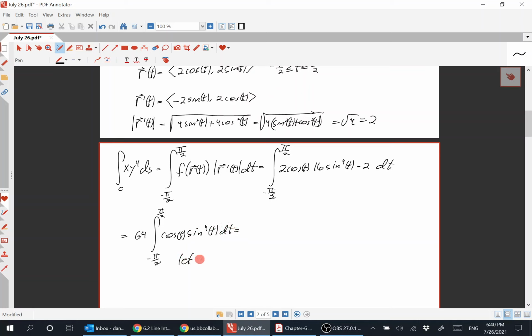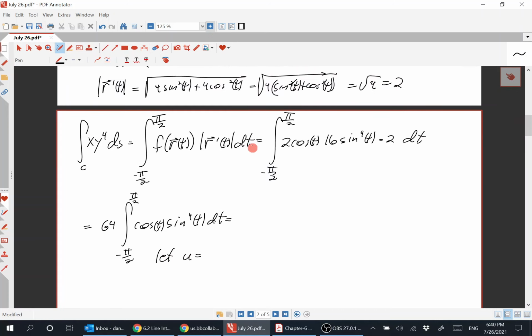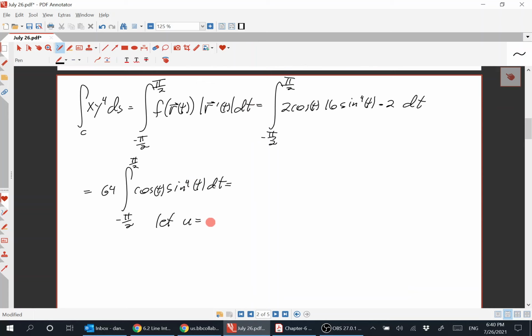For the antiderivative here, let u equal sine of t, so du over cosine of t is dt. Then this is 64 times the integral from t equals minus pi over 2 to t equals pi over 2 of cosine t u to the fourth du over cosine t. Now that cosine t cancels out.